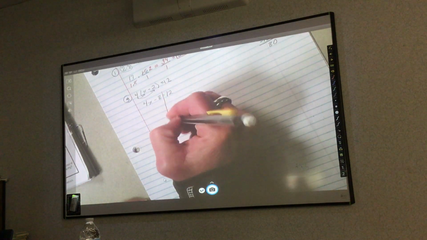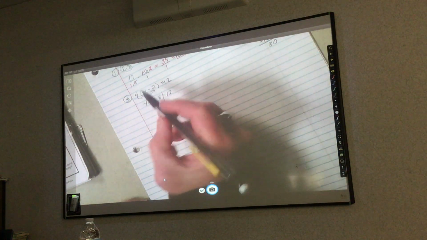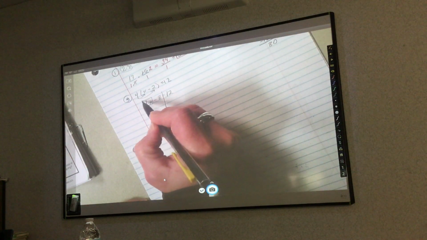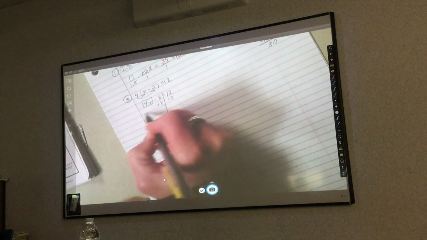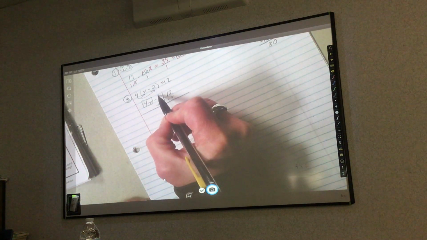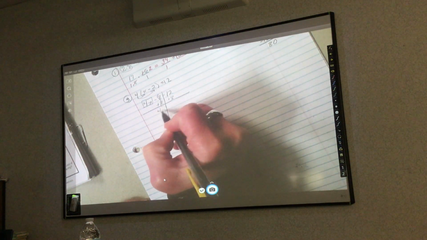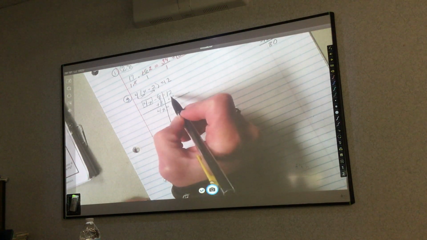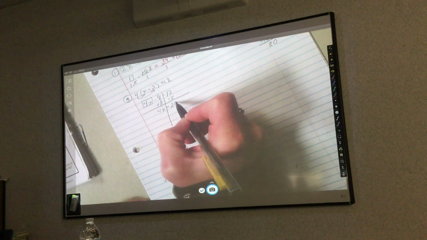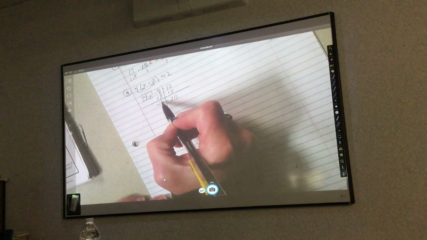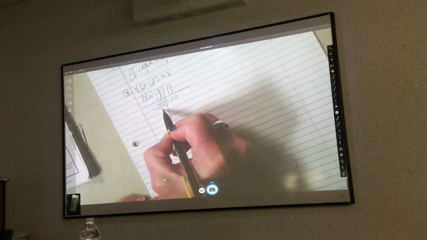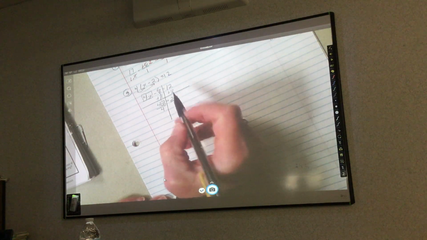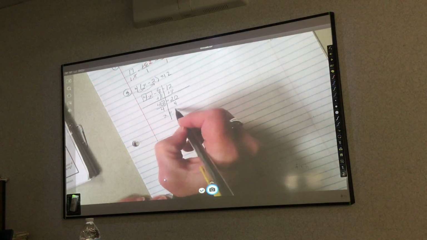Draw your line. I'm going to leave 4x over here by itself, so I'm going to add 8 to both sides. The negative and the positive cancel each other out, so I'm left with 4x equals, and 12 plus 8 is 20. I'm going to keep 4 right there, multiplication, so I do the opposite, which is division. So x equals 5.